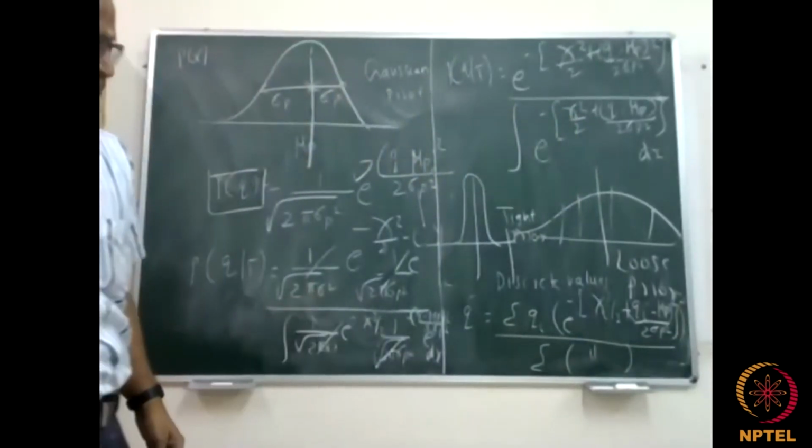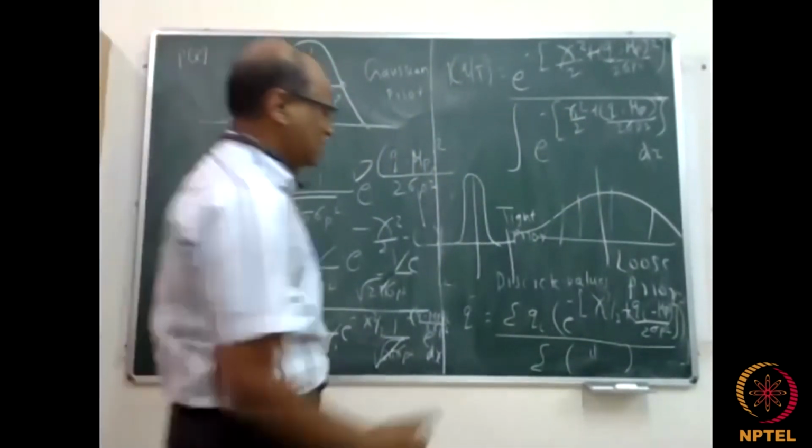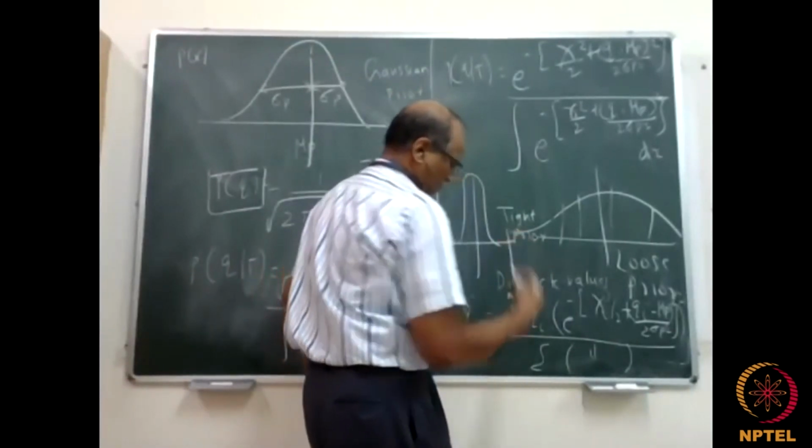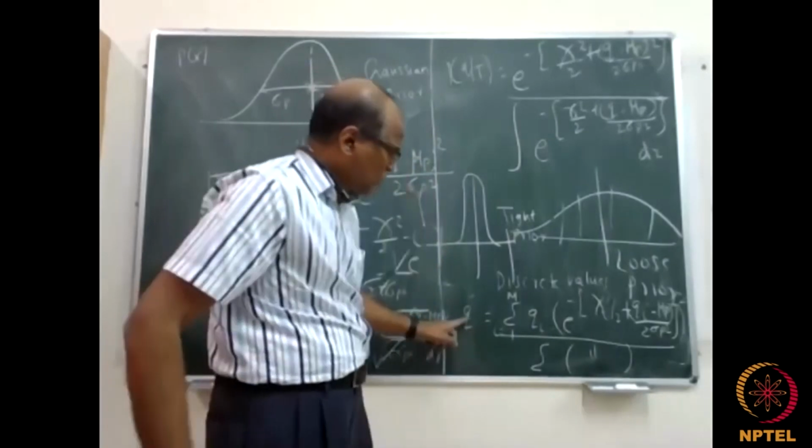Is that okay? So this is i equal to 1 to m or whatever. You sum it over all the samples.